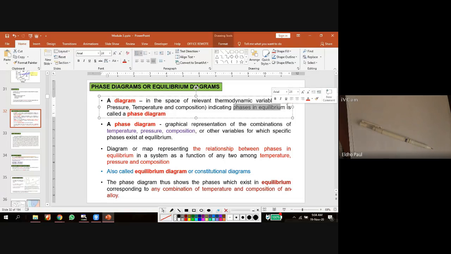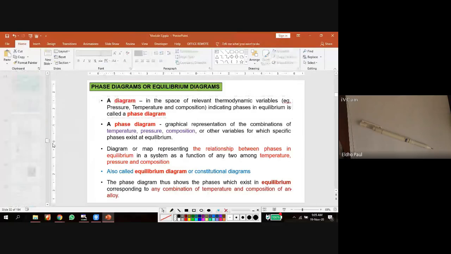This is indicating the phases in equilibrium only. So how are the phases formed in the equilibrium condition? The equilibrium condition is formed only by slow cooling or slow heating. So this diagram is valid only for slow cooling.